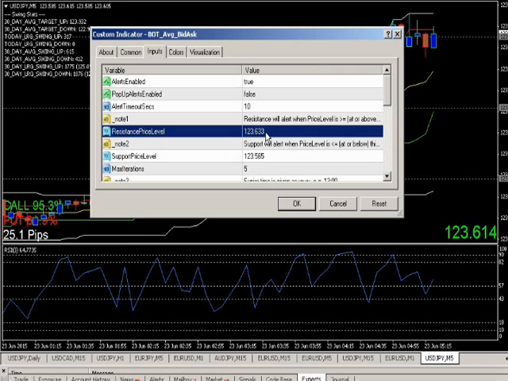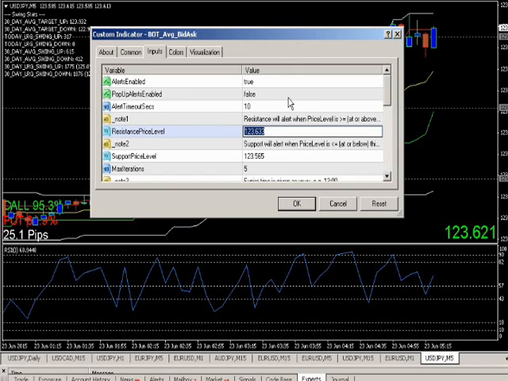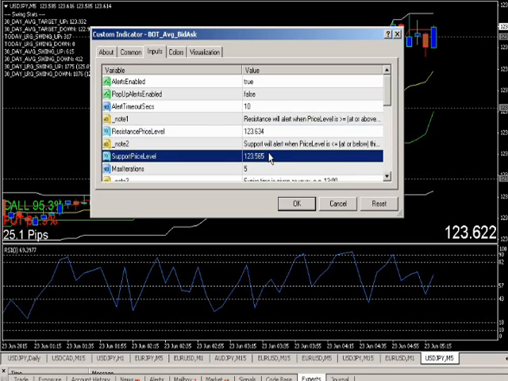What I mean by that is if I want an alert when a broker has, let's say, 123.638, we would probably go 123.634, because we want an alert right before we're about to hit that resistance level on the broker. It also gives us a little wiggle room if the spread starts moving.